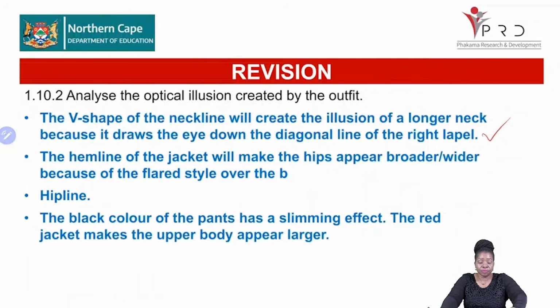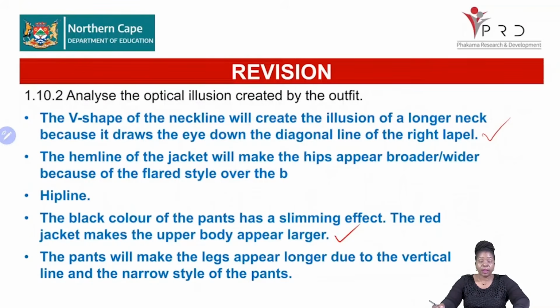And also the black color of the pants has a slimming effect. The red jacket makes the upper body appear larger, right? And then the last one says the pants will make the legs appear longer due to the vertical line and the narrow style of the pants. Right, those are the optical illusions created by the outfit.